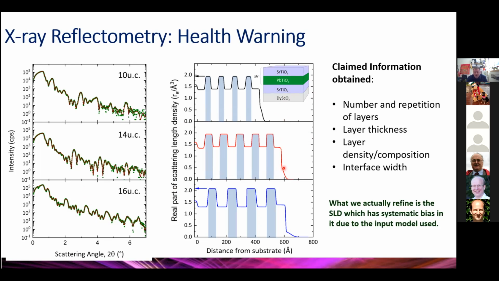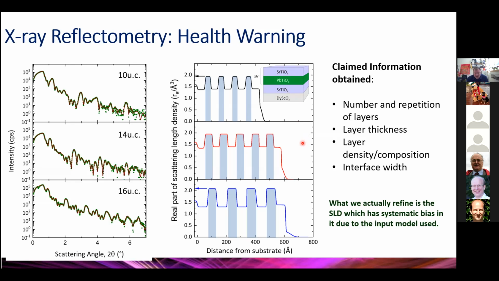We are trying to find an SLD which represents the data, and then we infer from our fitted SLD what the layer structure is. Because we tend to have this biased model in our minds about what the sample looks like, quite often that goes through into how the models are inputted into the computing programs that generate the SLDs. We think about our results coming from the layered structure as opposed to what we really measure, which is the SLD.